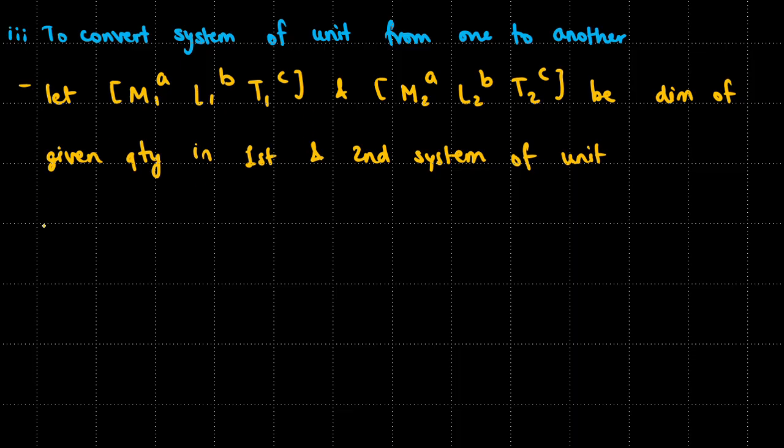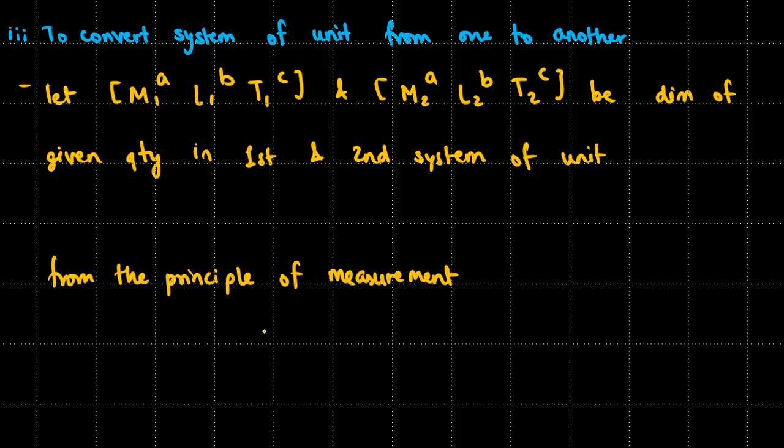So here, from the principle of measurement, we can say n1 u1 is equal to n2 u2, which is a very important result.